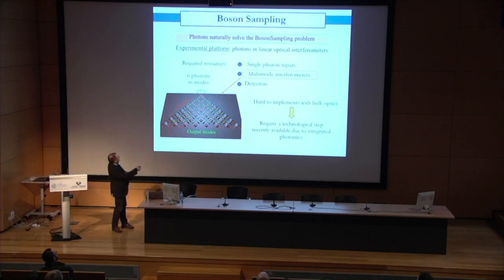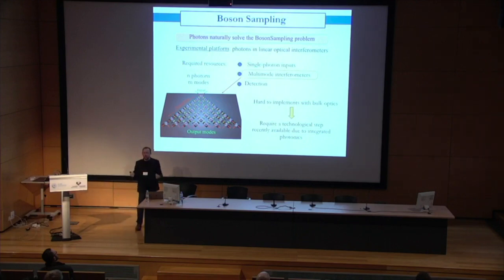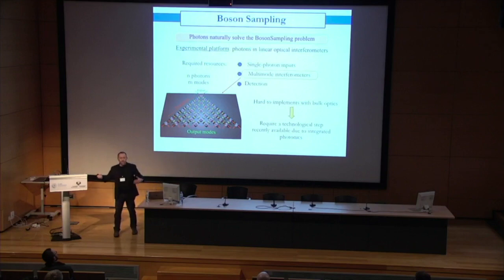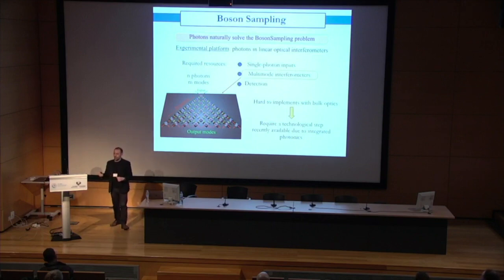If you want to implement a unitary transformation in optics, this would correspond to a very highly complex interferometer. And this is where integrated photonics enters the game. You are going to implement this huge interferometer by exploiting integrated photonics.